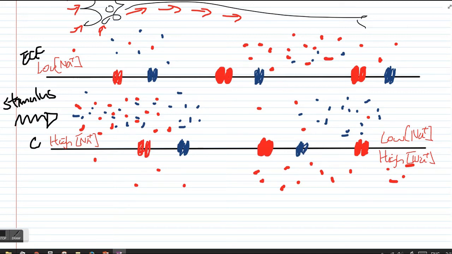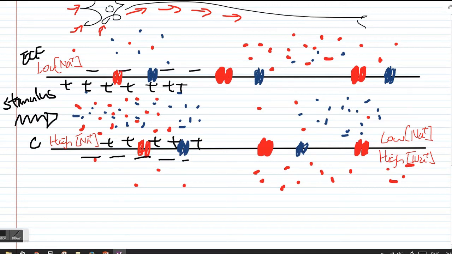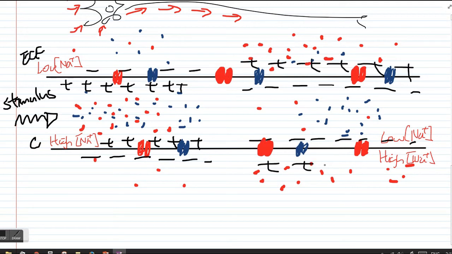Right, we will close the channels, and no more sodium is going to be able to move. So at this point right now, we are positive inside, right? Positive 30, if you remember, and it will be negative outside. But farther down, it will still be negative inside, because the signal hasn't got there yet, and then it will be positive on the outside, right?